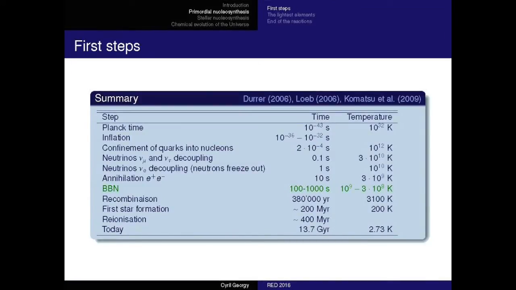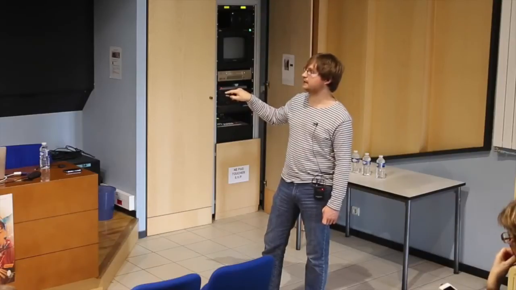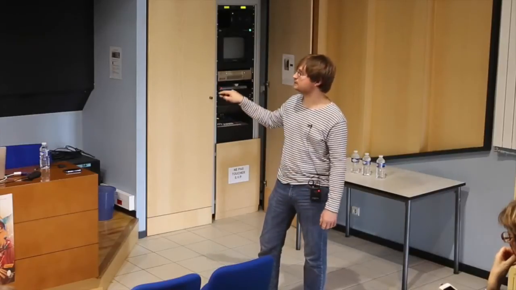But after this time here, roughly 0.1 second after the Big Bang at this temperature, these 2 families of neutrinos were not able to interact with anything anymore. So since then, they were free to live their life without interaction with anything else. The electronic neutrinos were able to interact with electrons and protons for a little more time, for an additional 0.9 seconds, up to a slightly lower temperature.